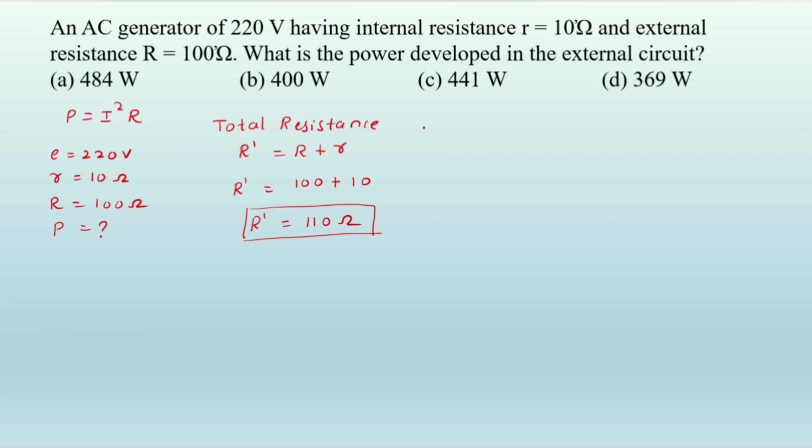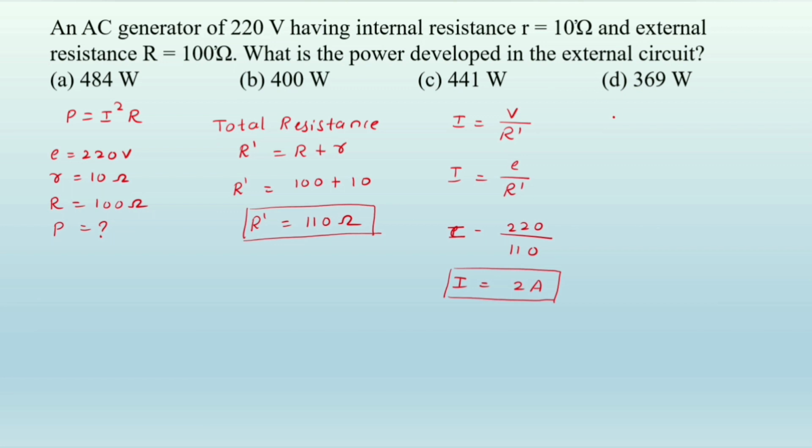Now according to Ohm's law, we can calculate the electric current. I equal to V divided by total resistance R dash. So I equal to E divided by R dash, the induced EMF. So I equal to E is 220 divided by R dash is 110. So the electric current developed in the circuit is 2 ampere.